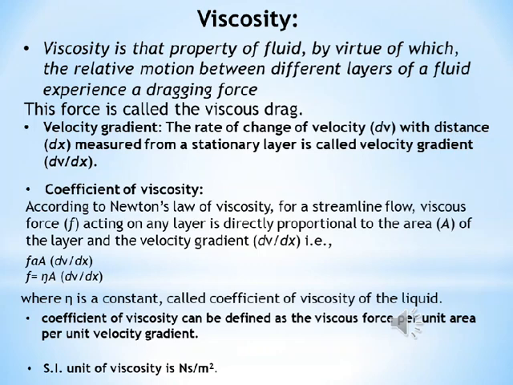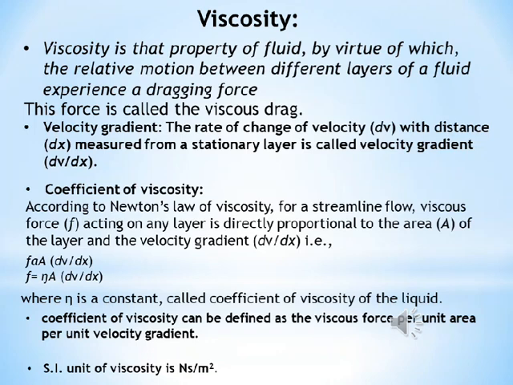Newton has given us a formula, where F is the viscous force. F is directly proportional to A into dV by dx, where A is the area of the layer on which the fluid is flowing, and dV by dx is the velocity gradient.